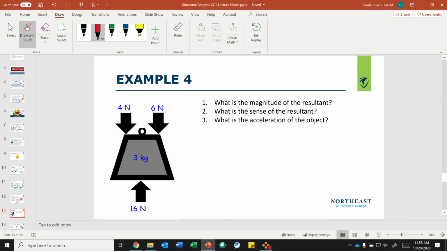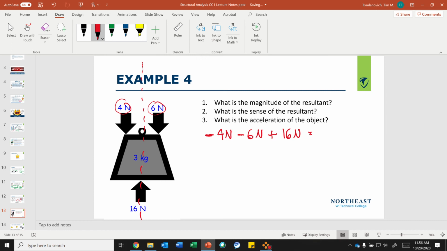Because we can assume the 6 newton force and the 4 newton force are on the same line of action, we know this is negative 4 newtons because it's pointing down, minus 6 newtons plus 16 newtons, because this is pointing up.